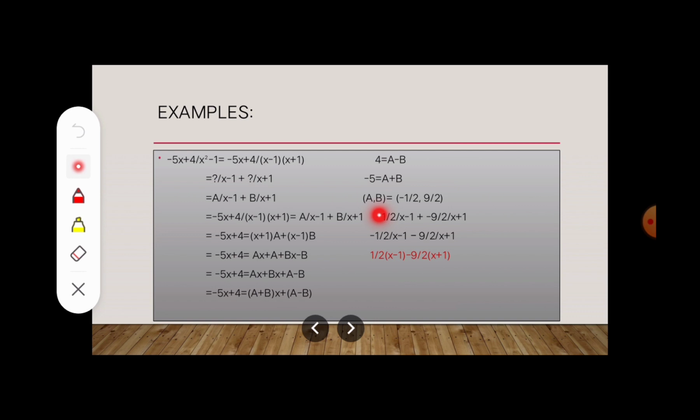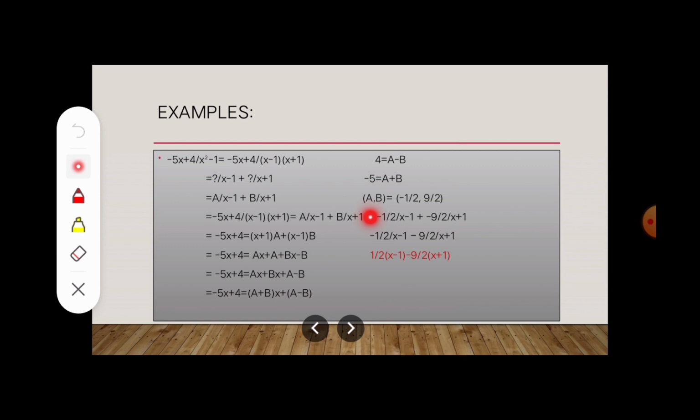Then substitute the given values into the form of the partial fraction decomposition. So we have negative 1 over 2 all over x minus 1 plus negative 9 over 2 all over x plus 1.